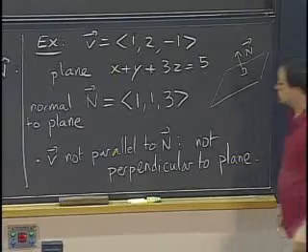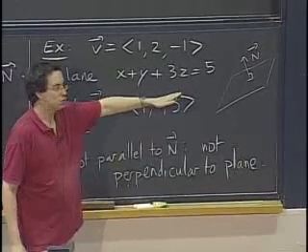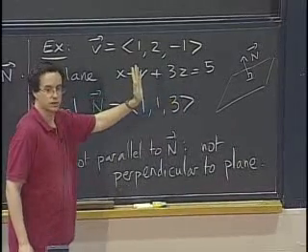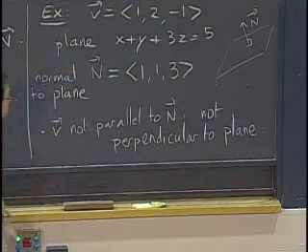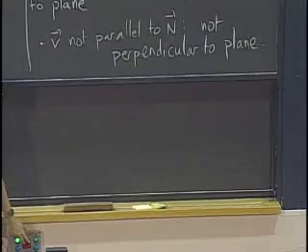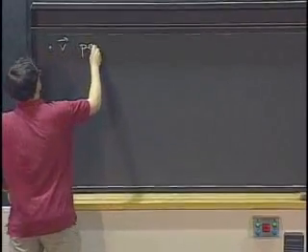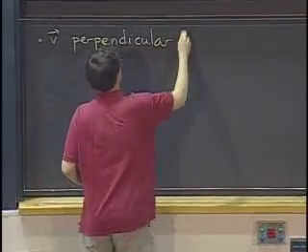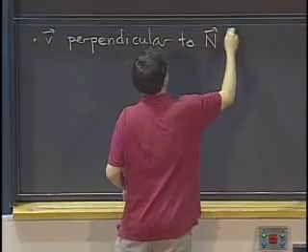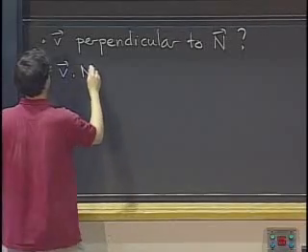Now, what about testing if V is instead parallel to the plane? Well, it's parallel to the plane if it's perpendicular to n. Let's check that. So let's see if it's perpendicular to n. Let's do V dot n.